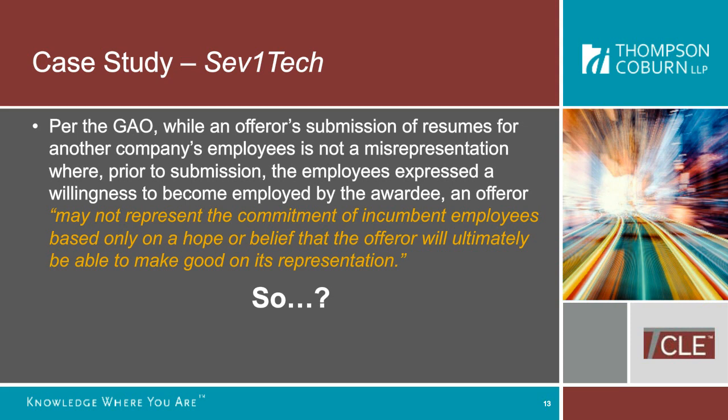On the other hand, an offeror, and I'm quoting here, may not represent the commitment of incumbent employees based only on a hope or a belief that the offeror will ultimately be able to make good on its representation.